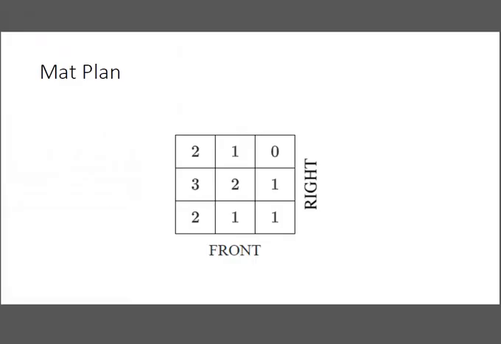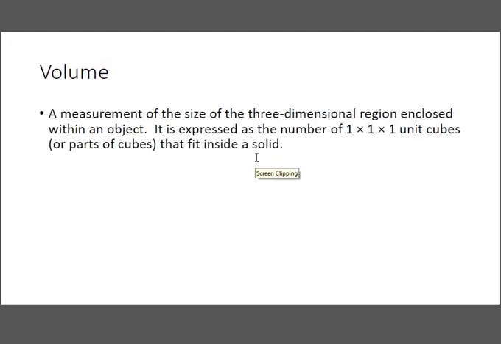Now in a map plan, it's much easier to quickly count up how many cubes are in this shape, right? Because you can just total it up. So 0, 1, 2, 3, 4, 5, 6, 7, 8, 9, 10, 11, 12, 13. So there's 13 cubes in this shape, okay? Another way of saying that would be that this is the volume of the shape.